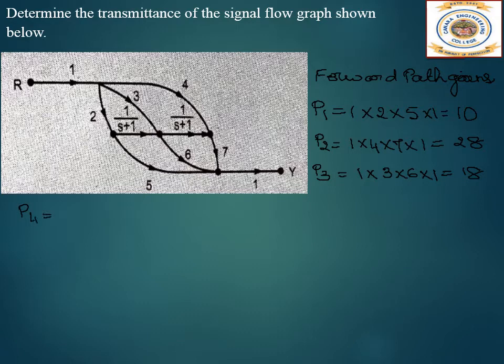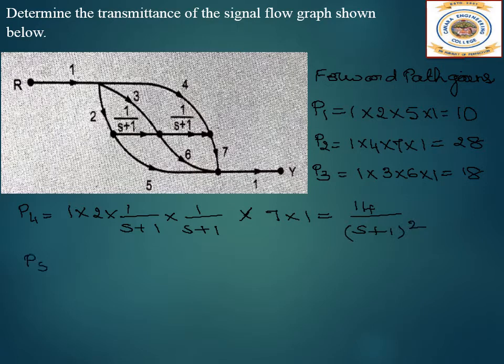P4 is 1 into 2 into 1 by s plus 1 into 1 by s plus 1 into 7 into 1, which is equal to 14 divided by s plus 1 the whole square.